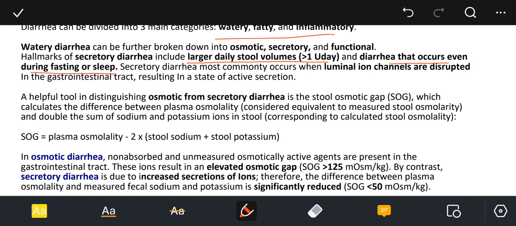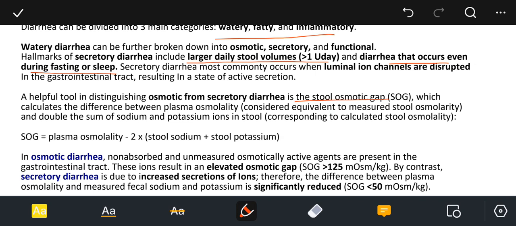Secretory diarrhea most commonly occurs when luminal ion channels are disrupted in the gastrointestinal tract, resulting in a state of active secretion. A helpful tool in distinguishing osmotic from secretory diarrhea is the stool osmotic gap, which calculates the difference between the plasma osmolality, considered equivalent to the stool osmolality, and double the sum of sodium and potassium ions in the stool, corresponding to the calculated stool osmolality.